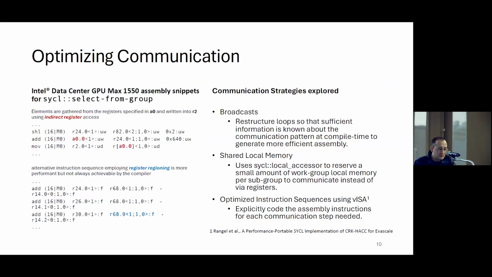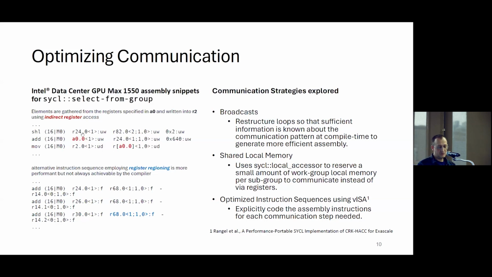So what was the bottleneck, I guess, right? Looking at the assembly produced by the shuffle intrinsic, or using select from group, you can see here that natively, the way we used it, using the half-warp algorithm and the select from group function, the code generated uses indirect register access. This is an assembly dump from IGC, the Intel Graphics Compiler.